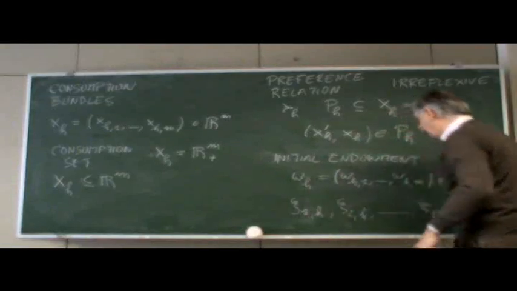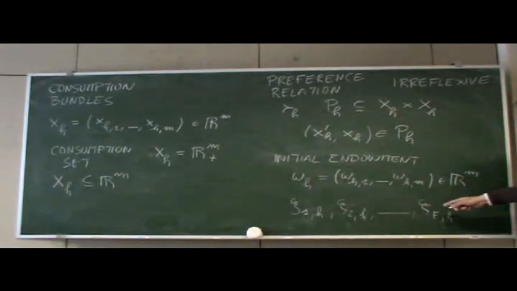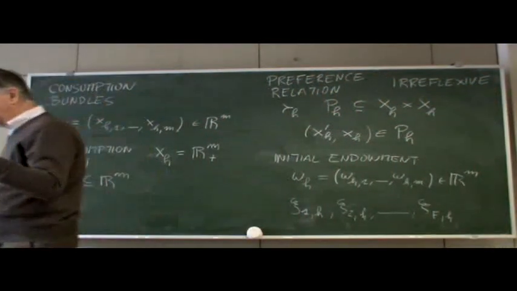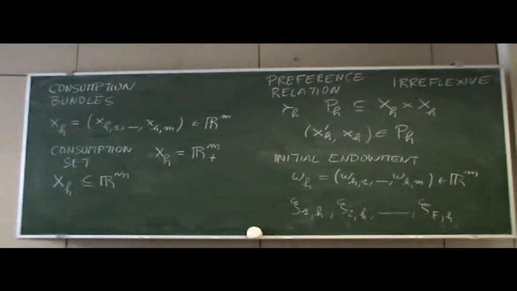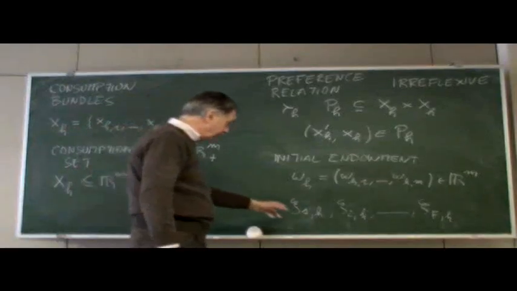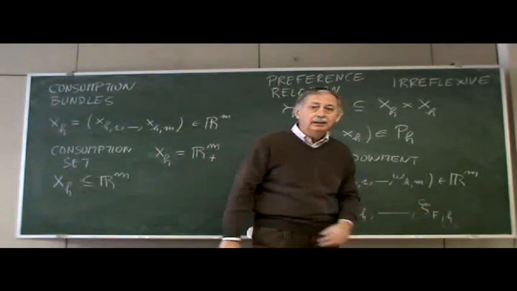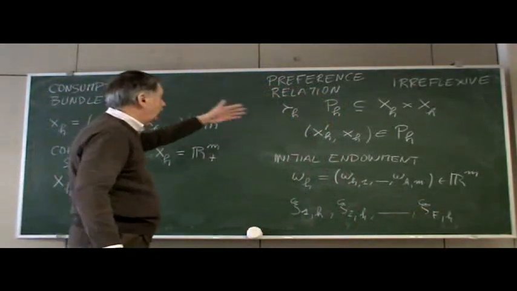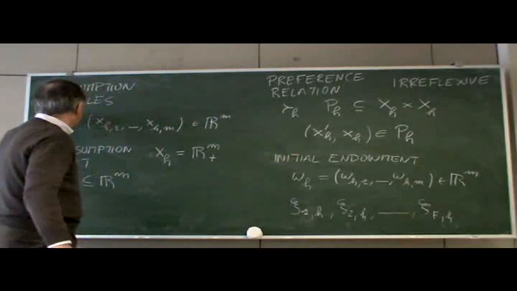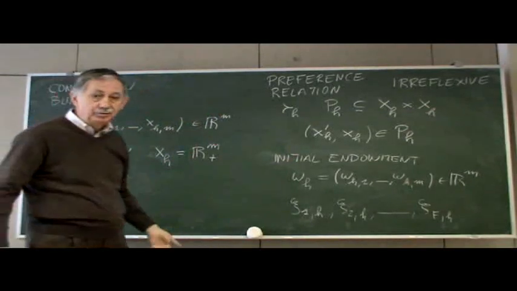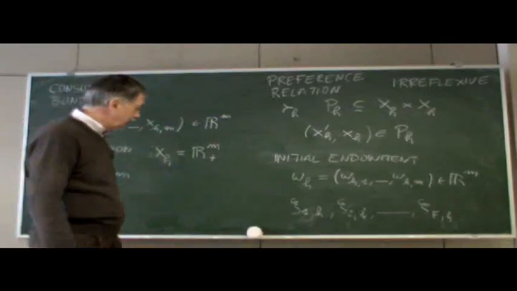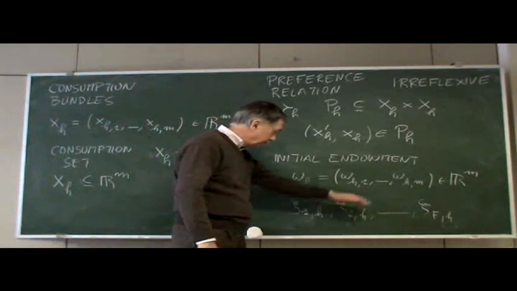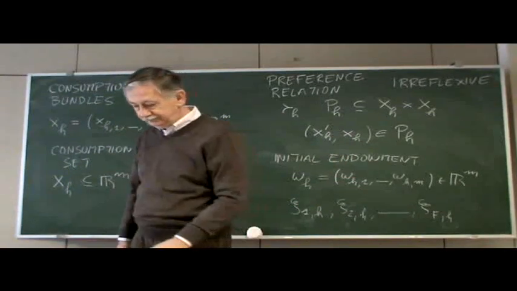This C1H, C2H, etc., CFH represent the shares in the property of the first firm, second firm, etc., of the household H, consumer H. Is it clear?